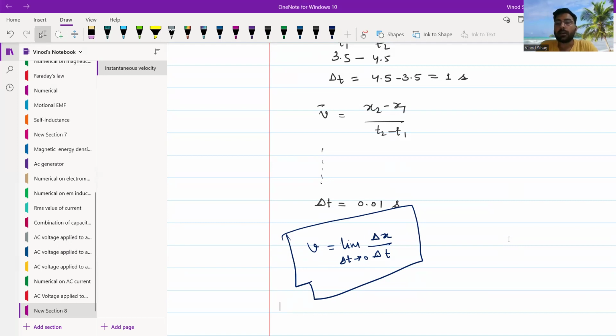And when the expression or equation of the position is not given and you are only given data points, then there is no choice. You have to use the graphical method: plot the graph, take the tangent at the particular given point, and find its slope, and that will be your instantaneous velocity.